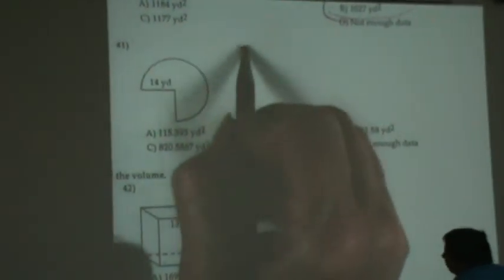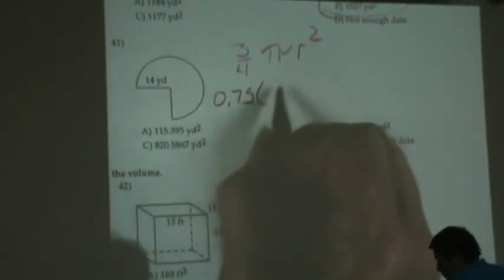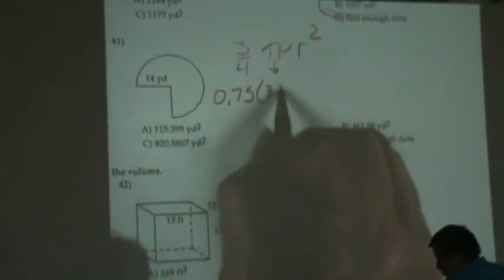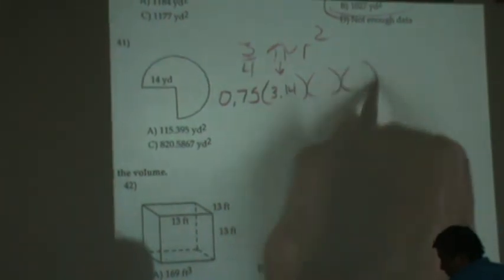Okay, how much of a circle have we got there? 3/4? So we have 3/4 of pi r squared. So you could put 0.75 times 3.14 times radius times radius.